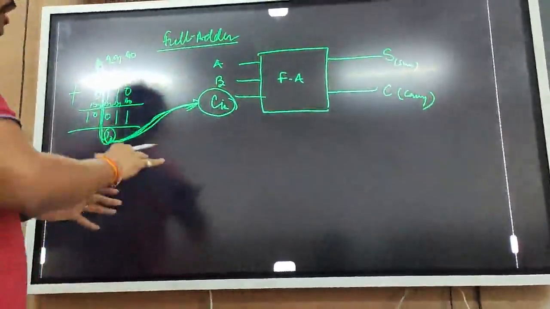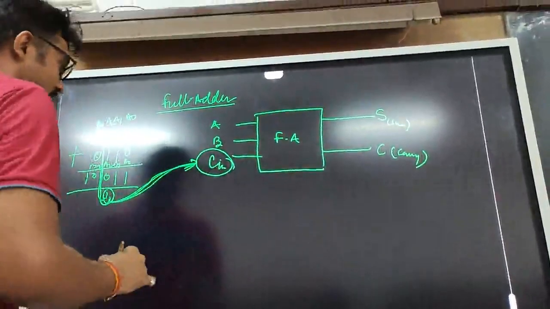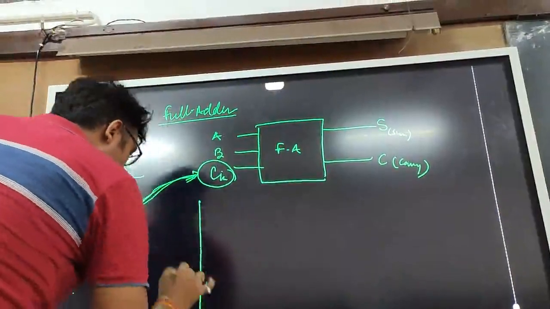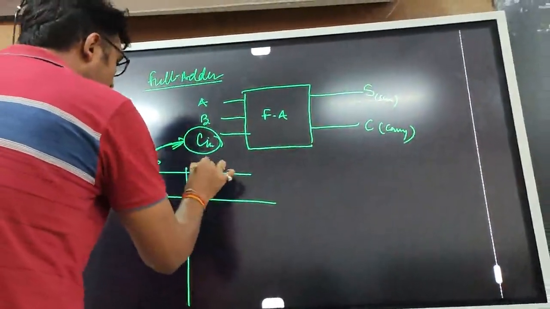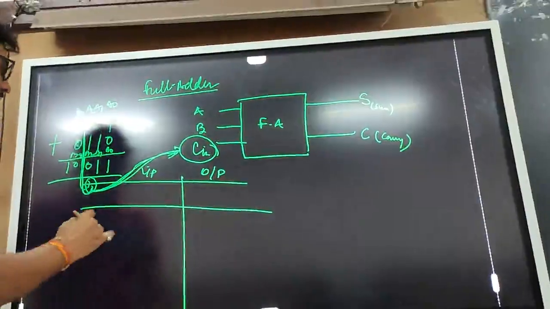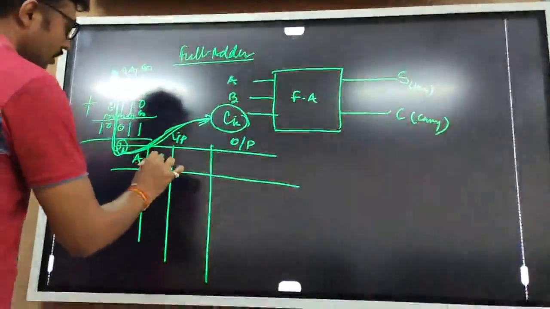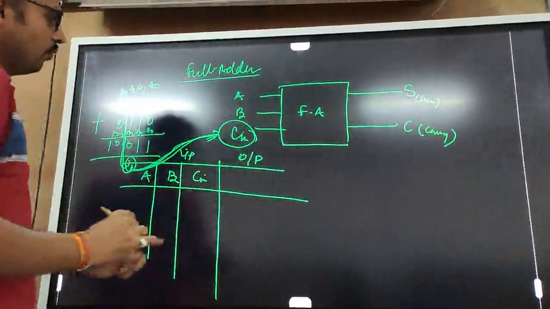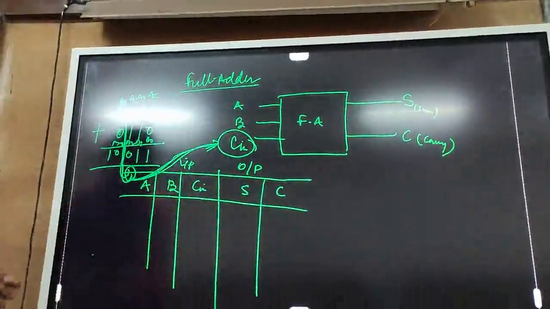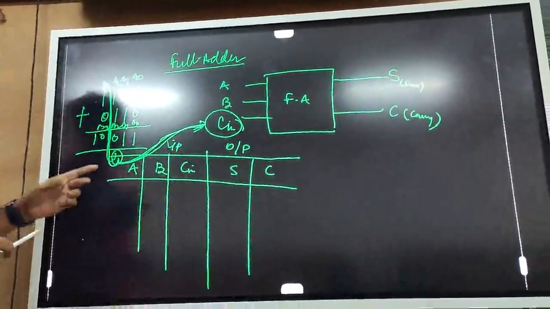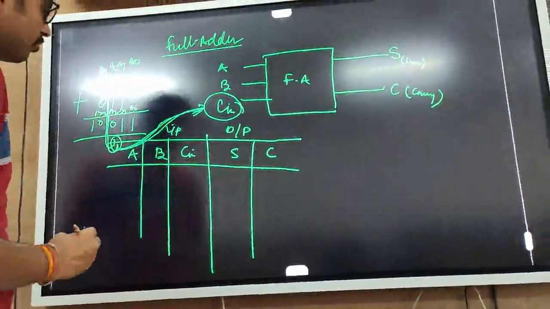So for the same you have to make a truth table so that the logic design can take place. In this way, if we take input terminals and output terminals, we have 3 inputs, A, B, C, and 2 outputs, sum and carry. What can be the combinations? If we have 3 inputs, we have 8 combinations.